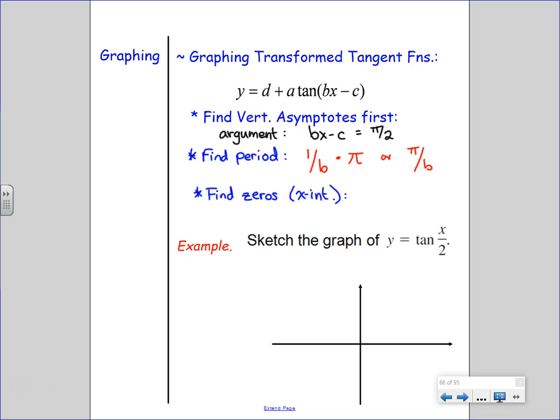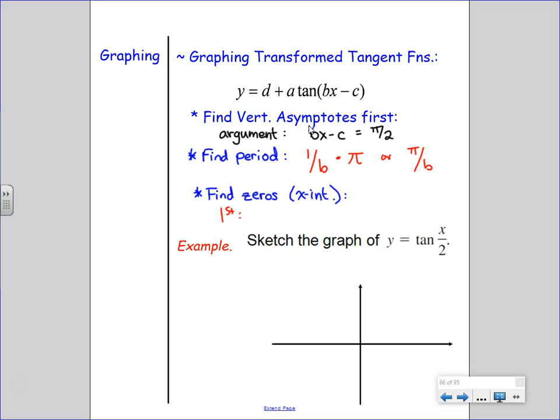And then to find the zeros, or I should say the points of inflection, to find our first 0, we're going to do 0 plus c over b. That's our phase shift. Guys, what is 0 plus c over b?